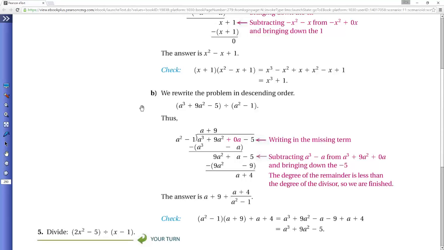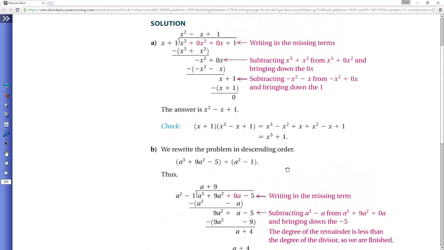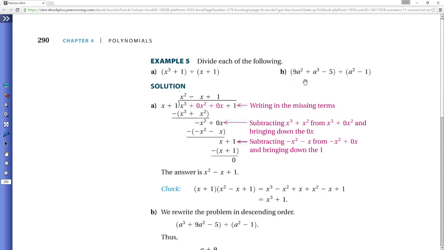Remember I was talking about degree. It is good to rewrite things in descending order. Like this one here, here's the original. It's got 9a squared plus a cubed minus 5. Writing things in descending degree order is essential for this long division to work correctly.